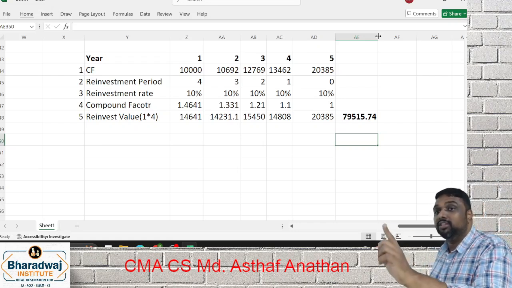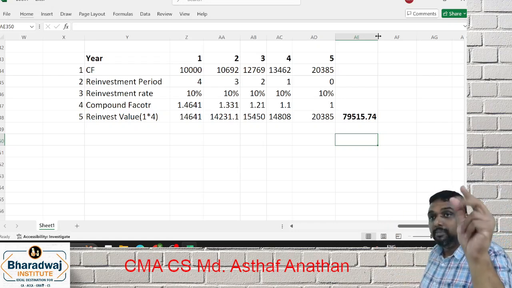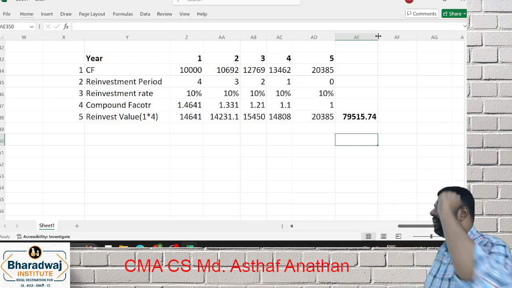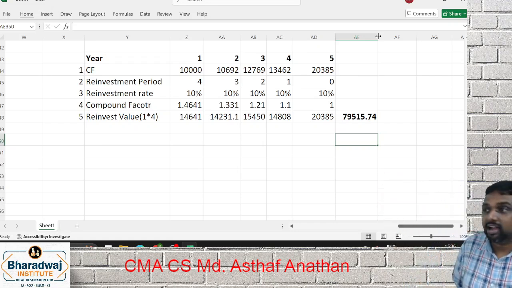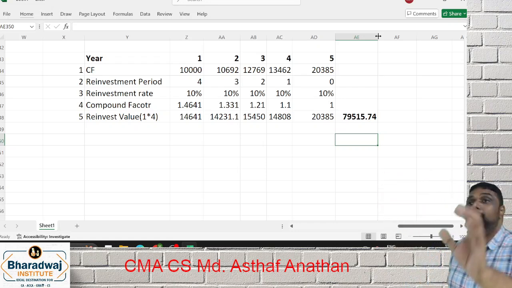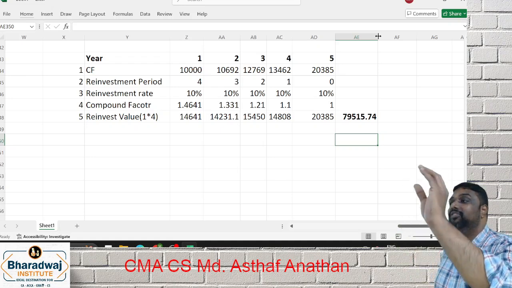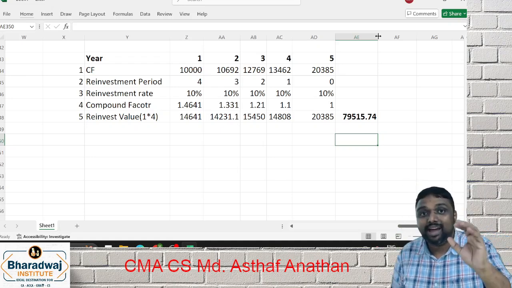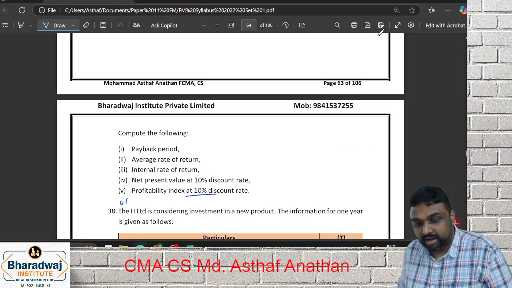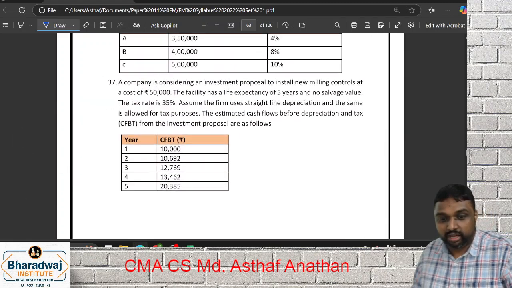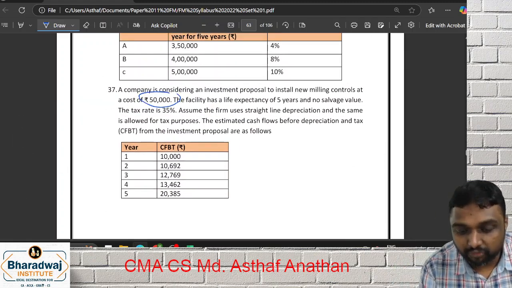Now we are going for the last concept called MIRR. MIRR is the rate of return which converts your initial investment into the final value. What is your initial investment, my dear friend? 50,000.